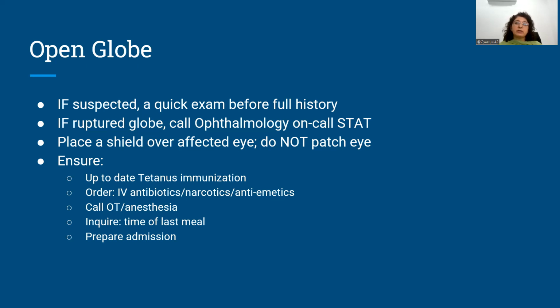And antiemetics are very important to prevent any further pressure on a potentially ruptured eye. You should call and book a room in the theater and call anesthesia to evaluate the patient. Inquire about the time of the last meal to see if the patient can safely receive anesthesia, and you should prepare their hospital admission.